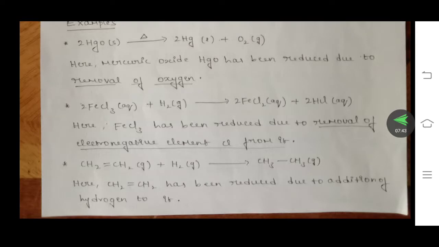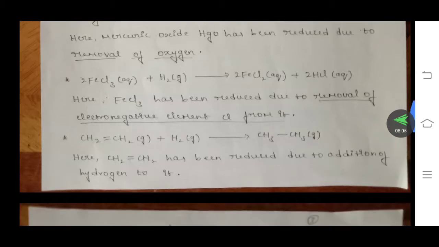So we are removing 1 chlorine from FeCl3. Chlorine is an electronegative element, so we are removing an electronegative element from FeCl3 to make FeCl2. Removal of an electronegative element is reduction. So here FeCl3 has been reduced due to removal of the electronegative element Cl from it.